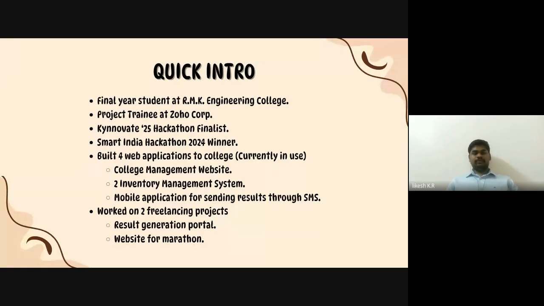I also built four web applications for my college for internal purposes: a college management website, two inventory management websites, and a mobile application for sending SMS to students' parents, like exam results, to communicate between a counselor and the parents of the students. I also worked on freelancing projects: a research generation portal for a national and state level competition, and a small website for a marathon held in November 2024.